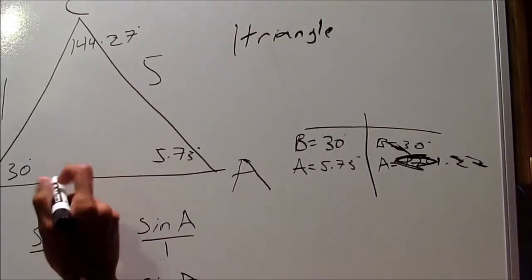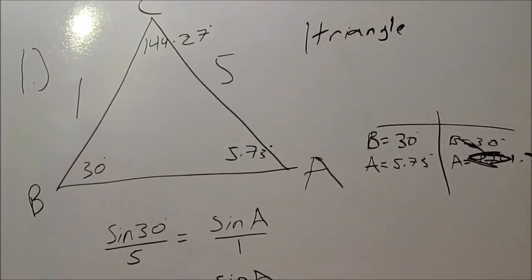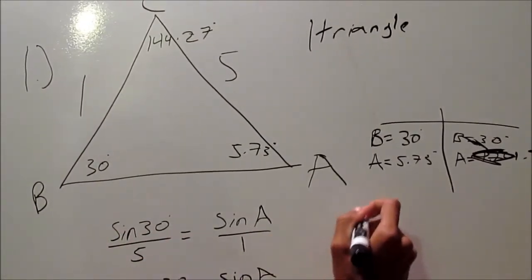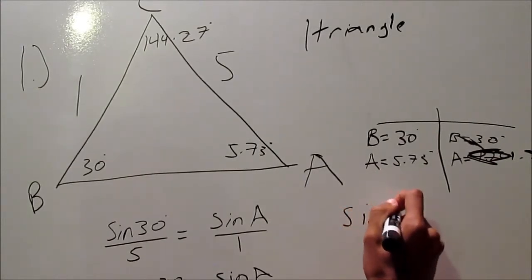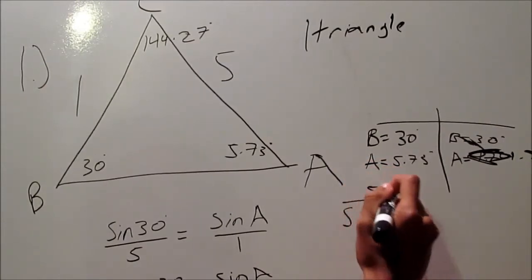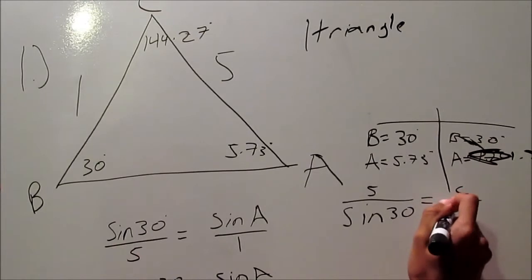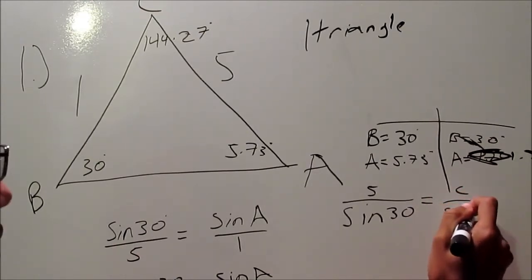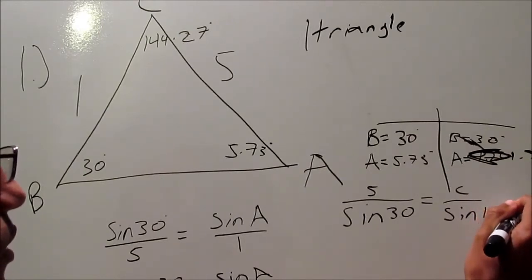And we still need to find this side, side C, so we can do another law of sines. Sine of 30 over 5 equals C over sine of 144.27.